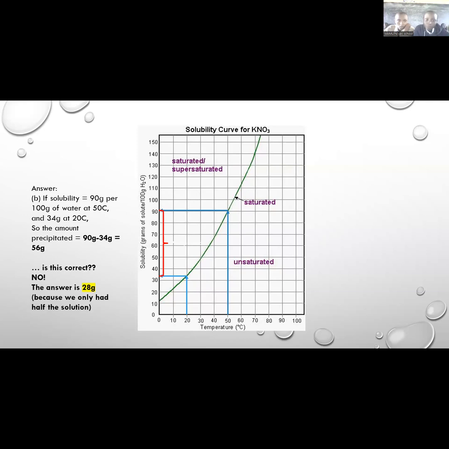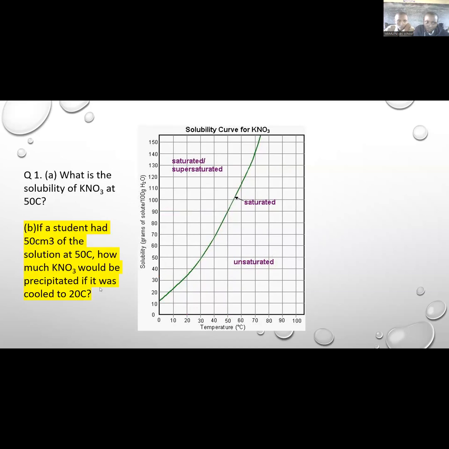Look at the question. It says, if I start with 50 cubic centimeters of water, half as much. So you did the right thing.